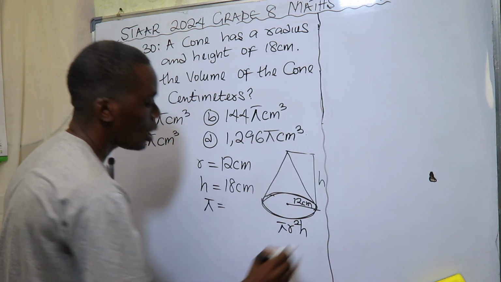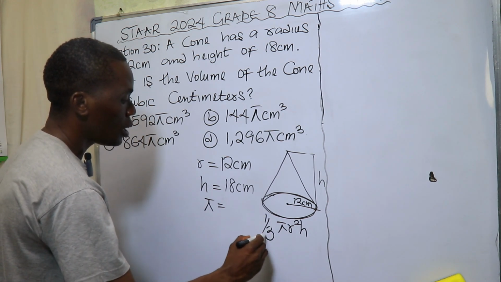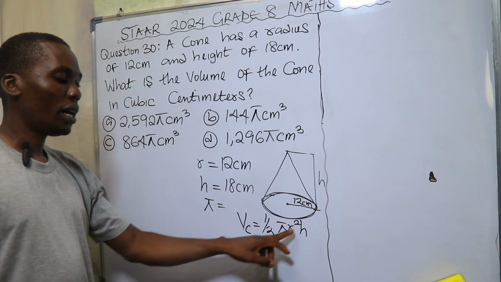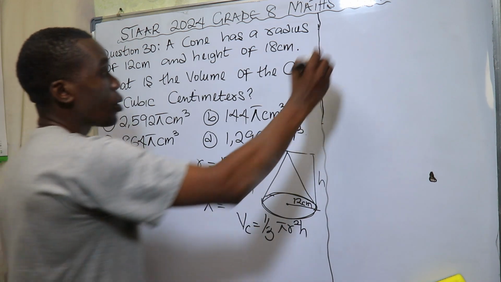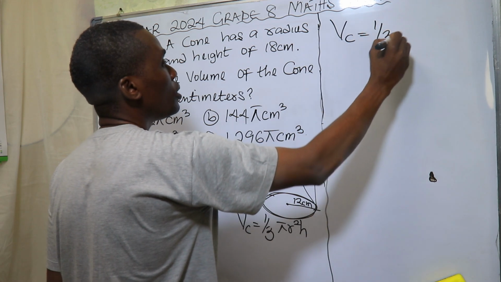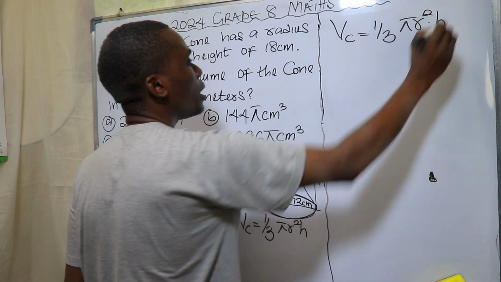The volume of a cone will be one divided by three, multiplied by pi r squared times height. Now let's use that formula. The volume is equal to one third times pi r squared times h.